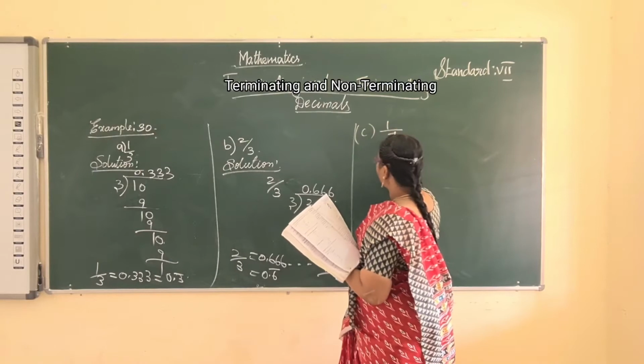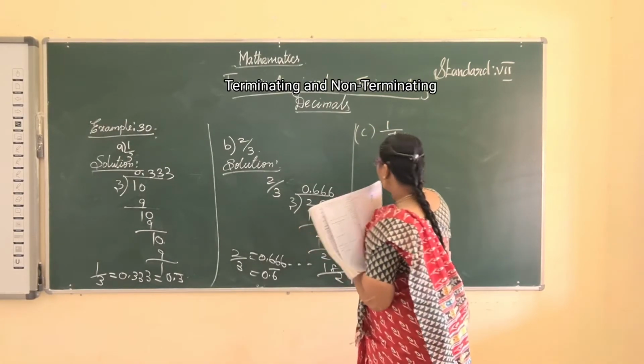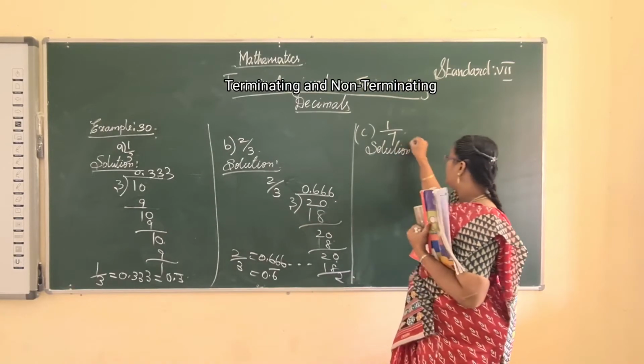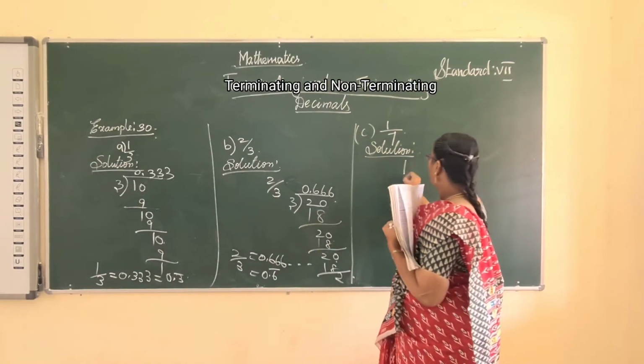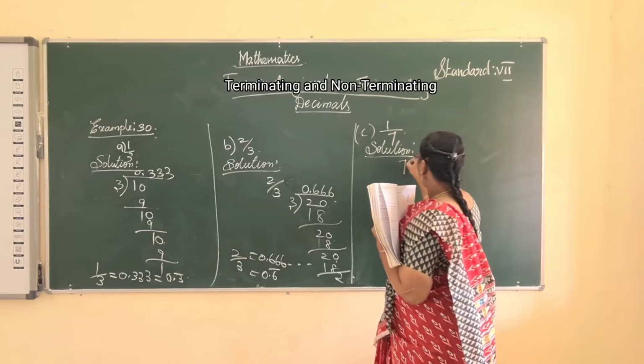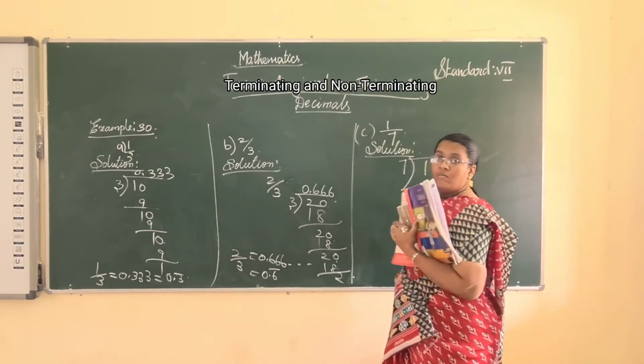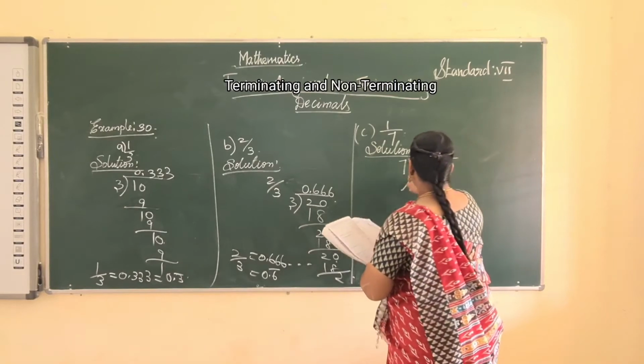1 by 7. The divisor is 7, dividend 1, which is not possible.